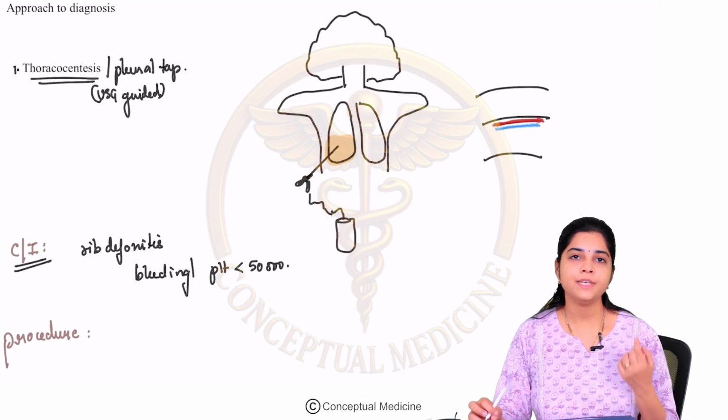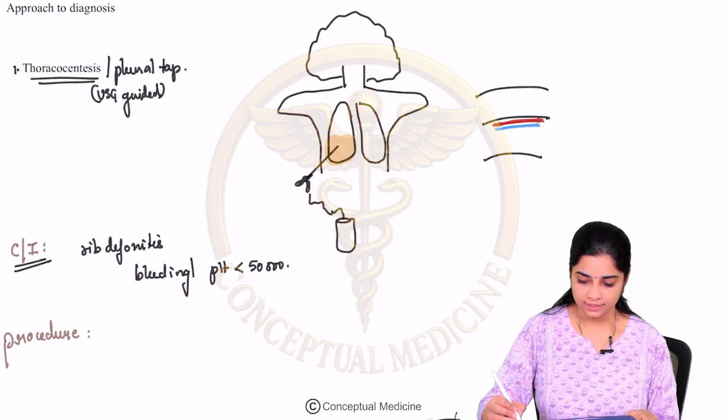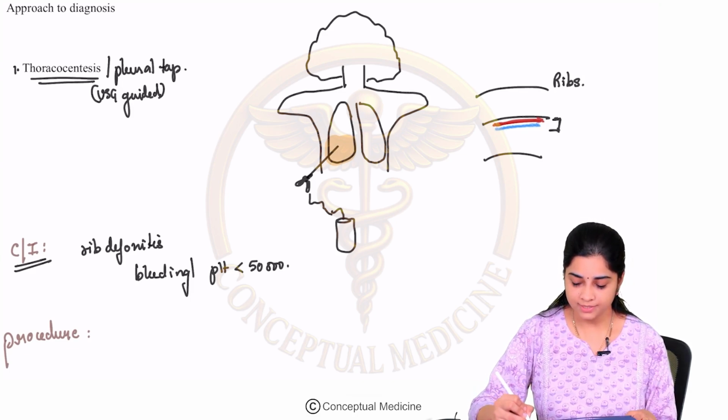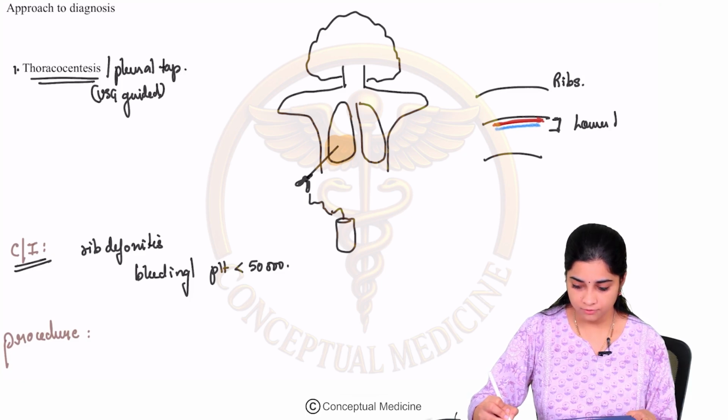Okay, and always remember from your basic anatomy that if these are the ribs, the vasculature is usually present in the lower border of the upper rib, right?